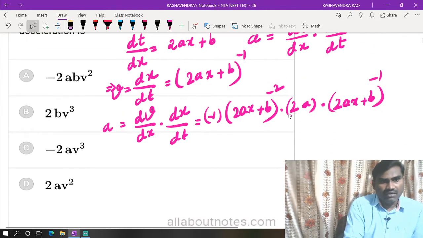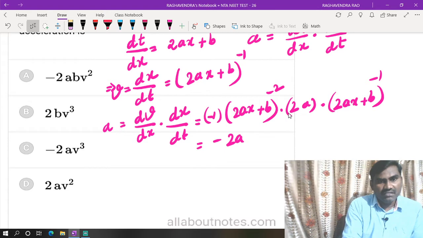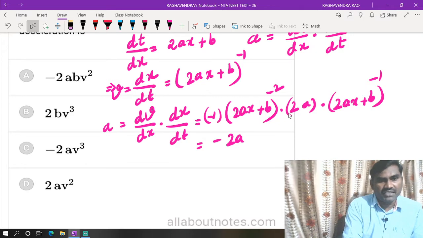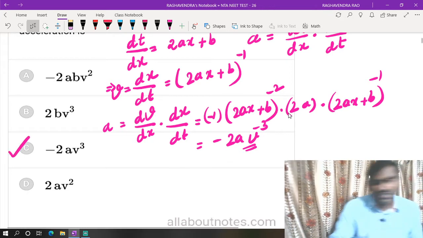Now this will be minus (2ax plus b) to the power of minus 2, and with this minus 1 it will be minus 3. Then we can write this whole to the power of minus 3. Now (2ax plus b) to the power of minus 3 is nothing but v to the power of minus 3. Now we can go with option C.